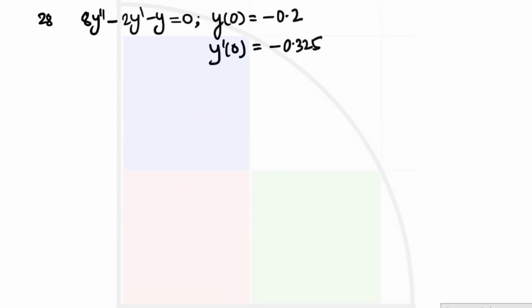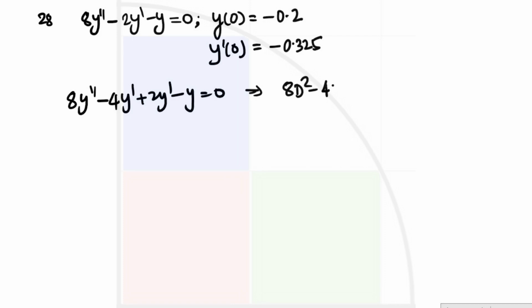This is a little calculative. You may need a calculator to solve it, and we can write 8y double prime minus 4y prime plus 2y prime minus y is equal to 0. Replacing the derivative with D, our equation will become 8D square minus 4D square plus 2D minus 1 is equal to 0.